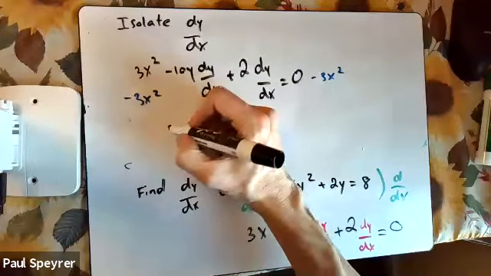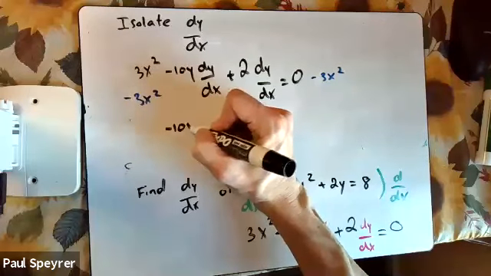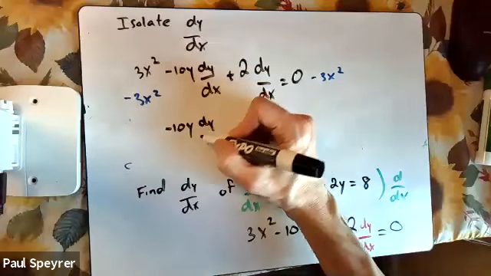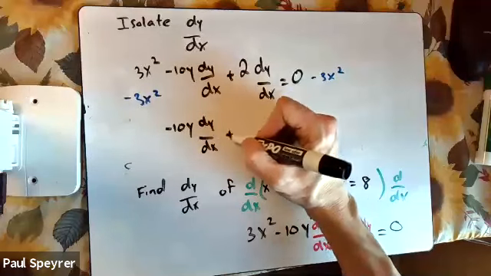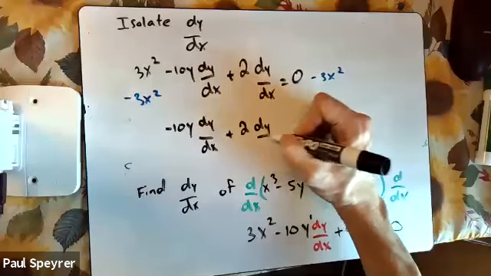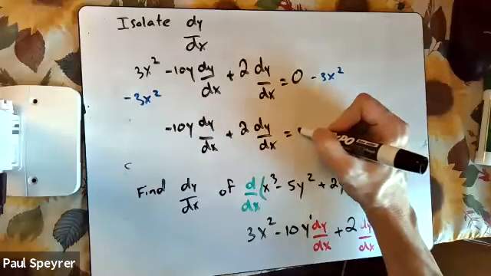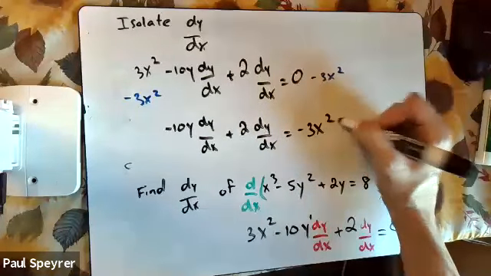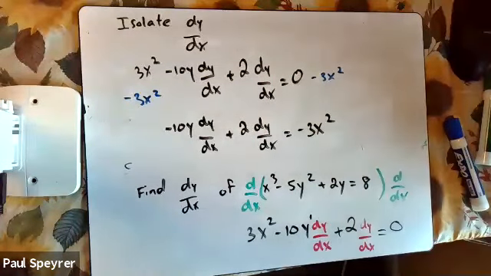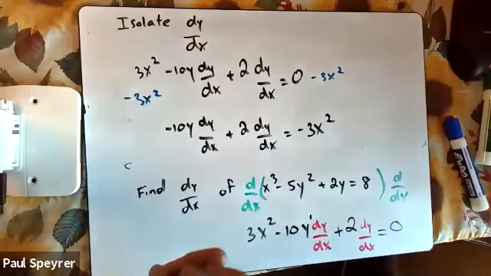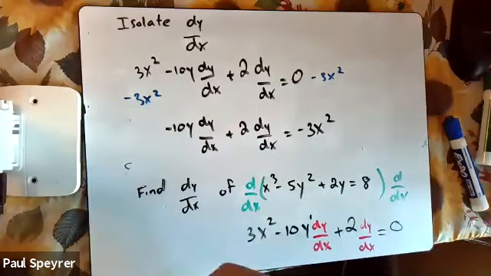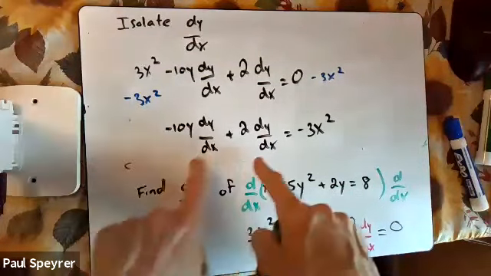So we have negative 10y dy/dx plus 2 dy/dx equals negative 3x squared. Now, where do we go from this point? All right, because we're trying to get dy/dx by itself. Well, now look at the left side.